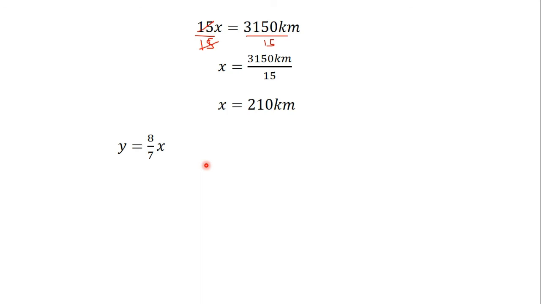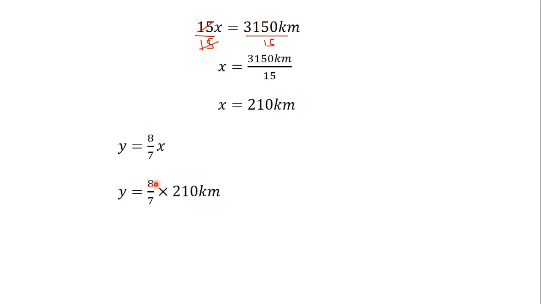Now let's find y, which is the distance covered by train B after 2 hours. From equation 2, we know that y is equal to 8 divided by 7x. We have found x to be 210 kilometers, so we can replace x with 210 kilometers.